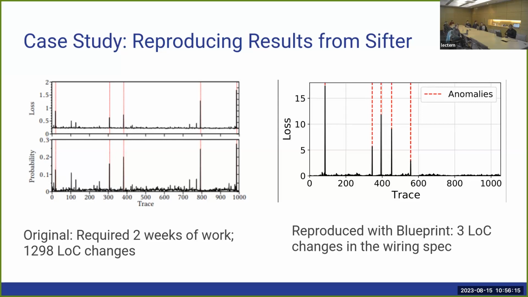You can see that the structure of the graph is the same as the one on the top. The numbers are different because it doesn't matter what false cases or error cases were being used, as long as you're inducing anomalies. The whole point of the system was that you want to keep the anomalous traces for further review. They injected 5 anomalous traces here, and we injected 5 as well.